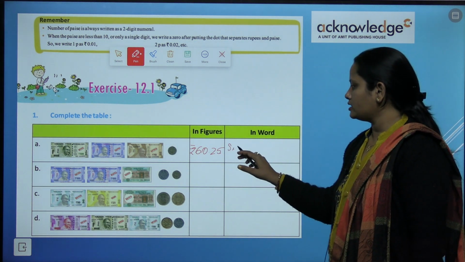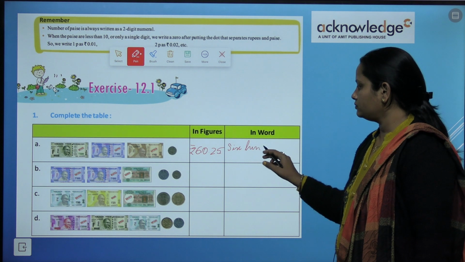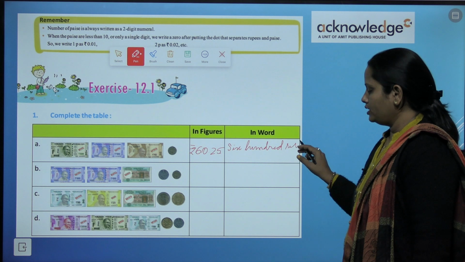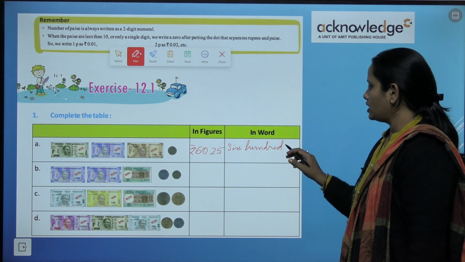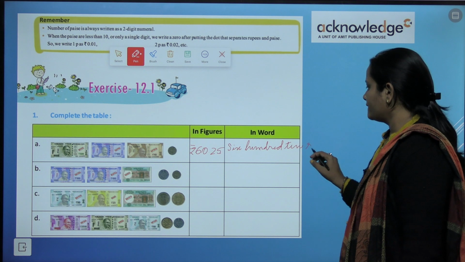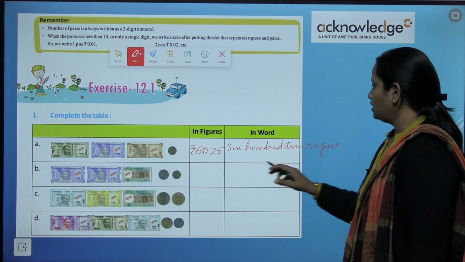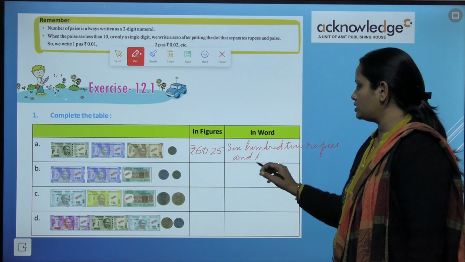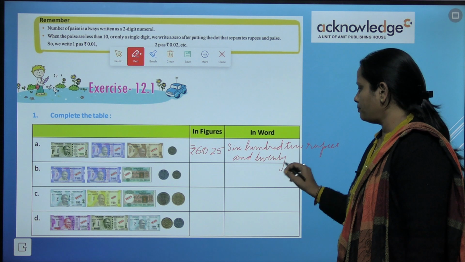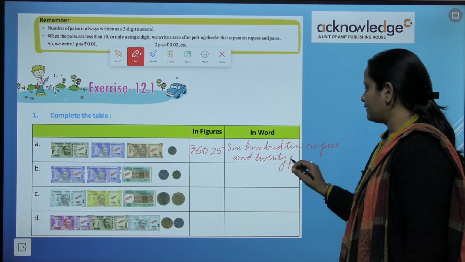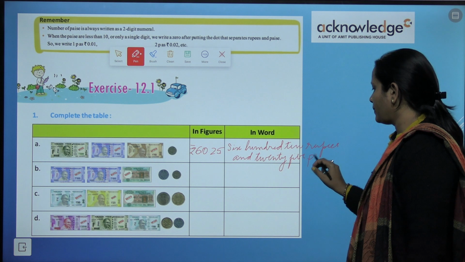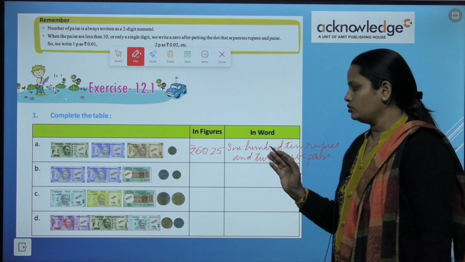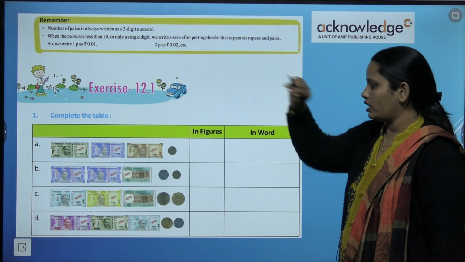So how we will write it: 610 rupees and 25 paise. Clear children? So like this you have to do the rest of the given work.